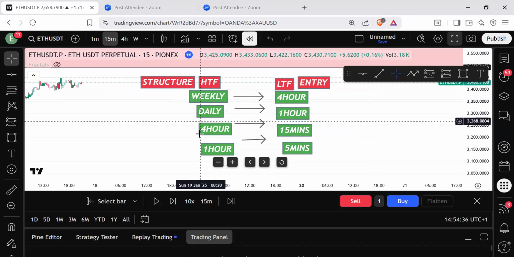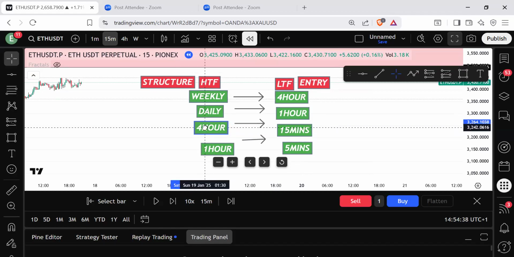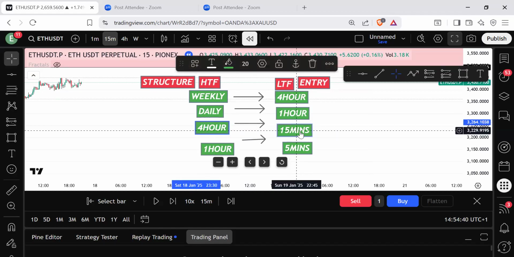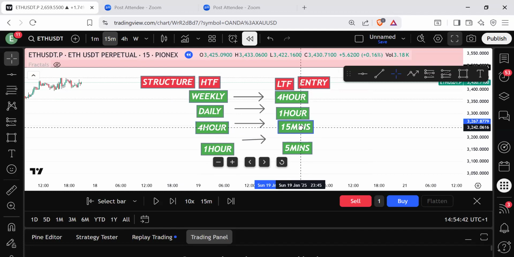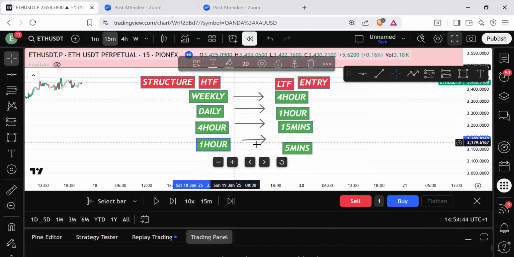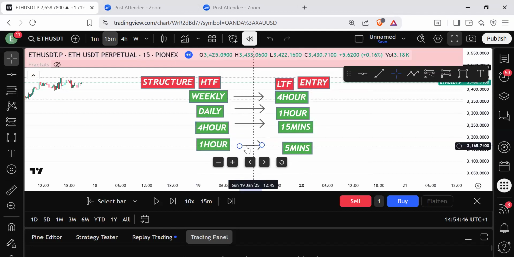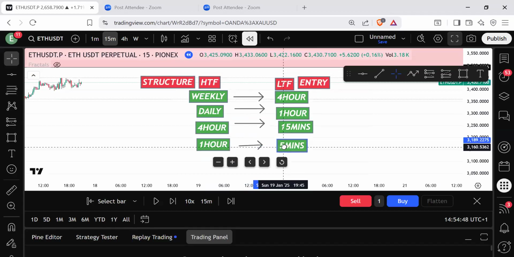On the 4 hour time frame, your entry will be on 15 minutes. Mark your structure on 1 hour, your entry will be on 5 minutes.